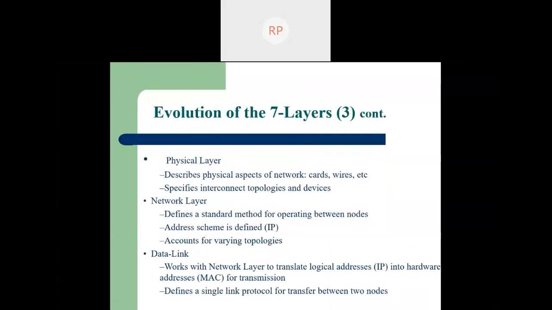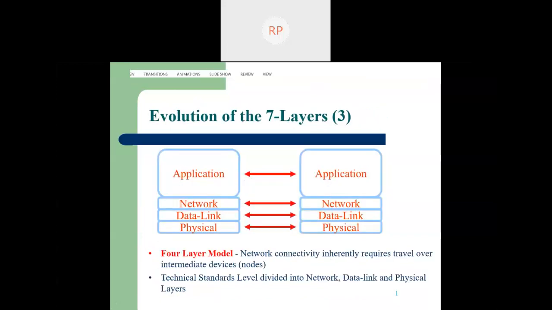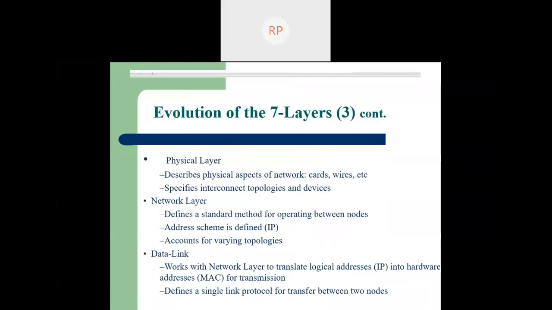First, the physical layer. What is the contribution of the physical layer? The physical layer describes the physical aspects of the network, such as what type of card, wire, etc. It also specifies the interconnection topology and devices. The next layer is the network layer.